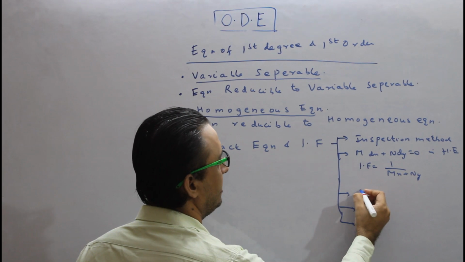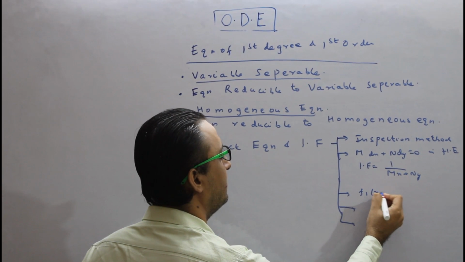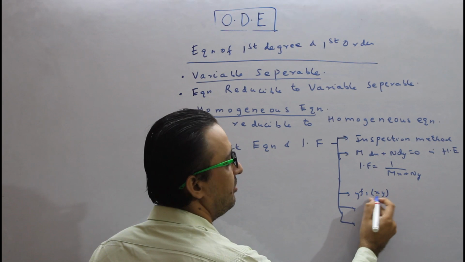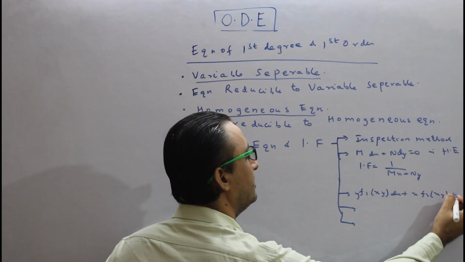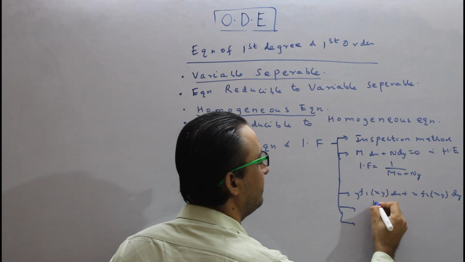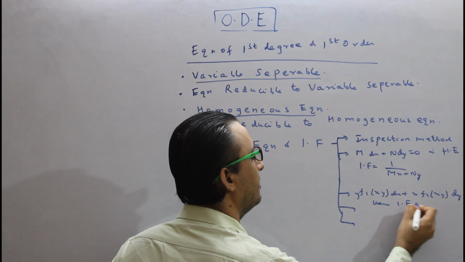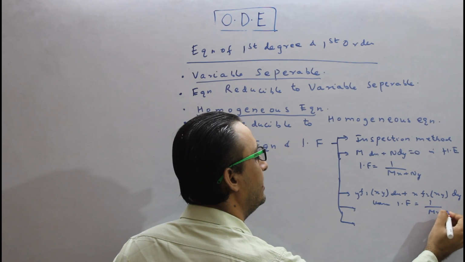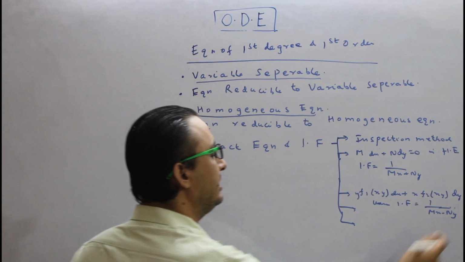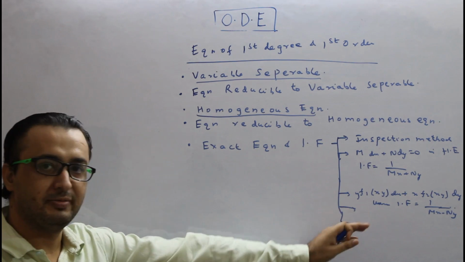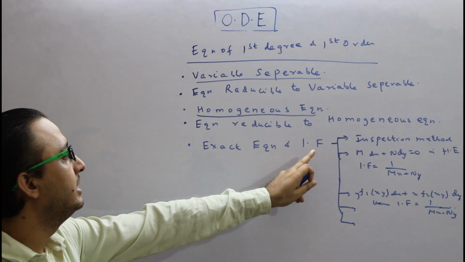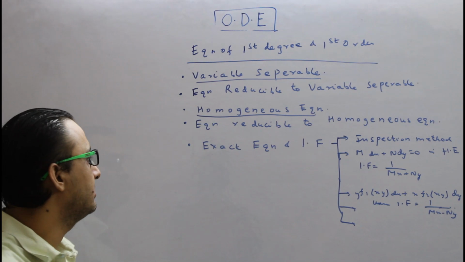If it is of the format y f1(xy) dx plus x f2(xy) dy is equal to 0, then the integrating factor here is 1 by (Mx minus Ny). So there are other rules also. We will take them up specifically when we study integrating factors.